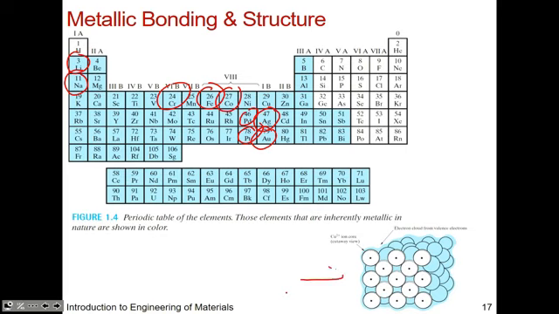And here is the figure that I was mentioning in terms of the description of how the electrons are delocalized amongst all of these copper atoms. So metals take up a huge portion of the periodic table. So it's quite important as a class of material and a bonding type to think about if we want to manipulate these materials so that they can be stronger or more ductile or what have you.